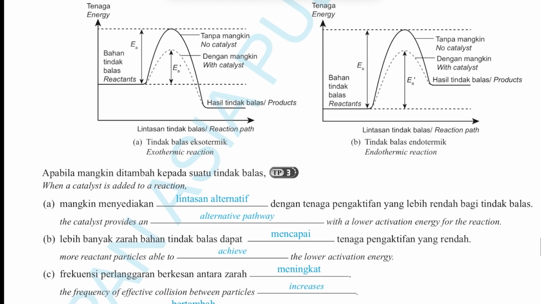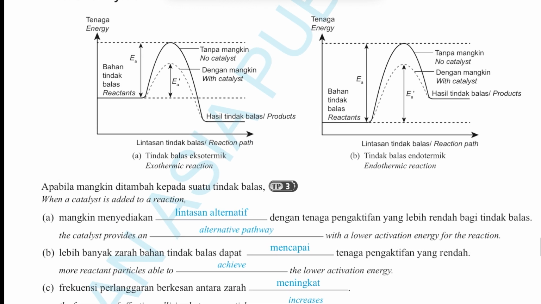So I give you an example. Let's say I have the energy profile diagram here. This is the exothermic reaction. So you see the use of catalyst will lower the activation energy required for the reactant to produce product. Yeah, you see.